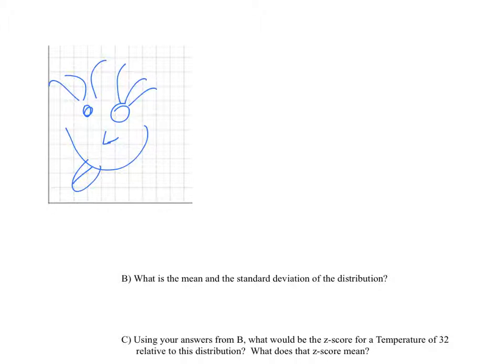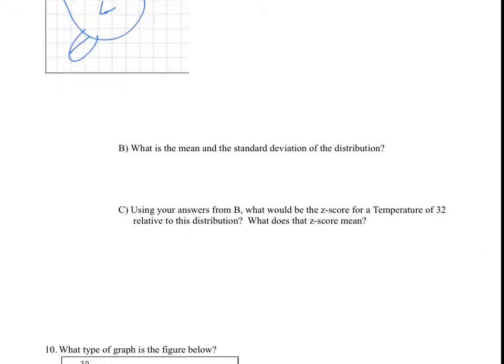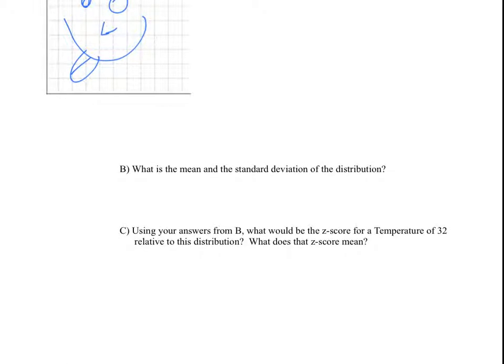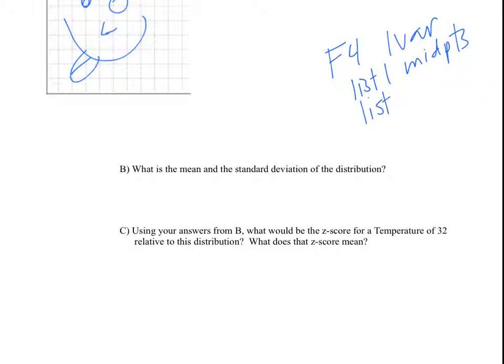Right. What is the mean and the standard deviation of this distribution? Well, we're going to put that in our calculator and take a quick look. Remember, when you do this, you're going to use F4, 1 for our stats. List 1 is the midpoints. List 2 is the frequency.